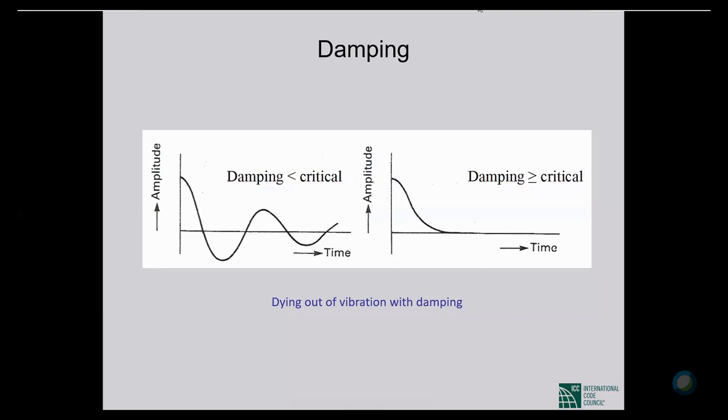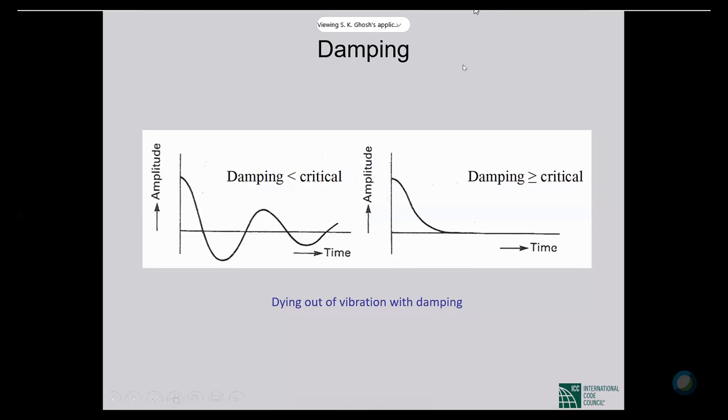The pendulum goes back and forth. Each time it goes by, it doesn't go quite as far as it did in the previous cycle. And ultimately it comes back to rest because of damping, which in the case of the pendulum is supplied by friction with the air.